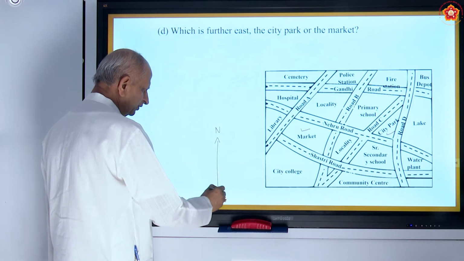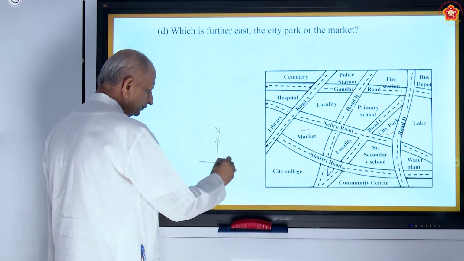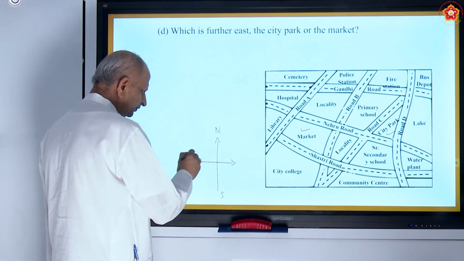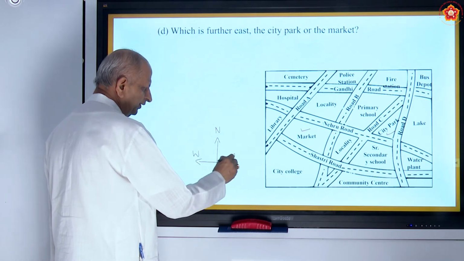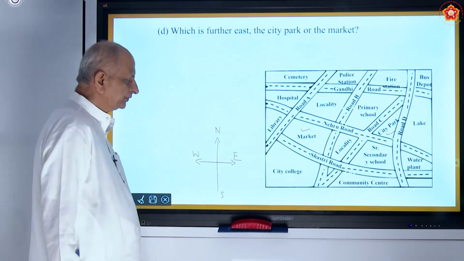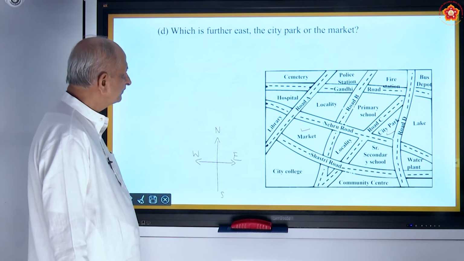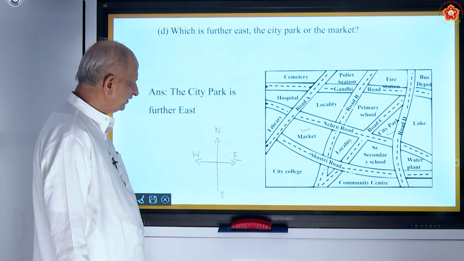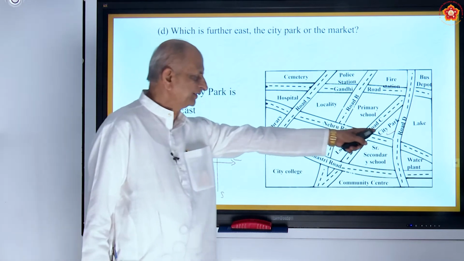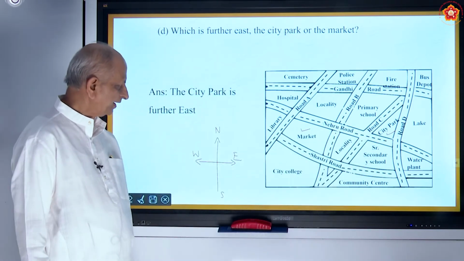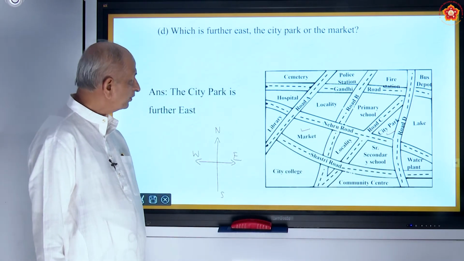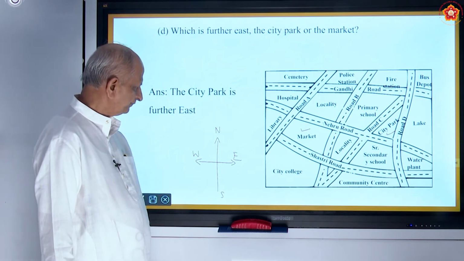This is called north, south, and this is west, east. So which is farther east? City park is farther east. That is the answer to question D.